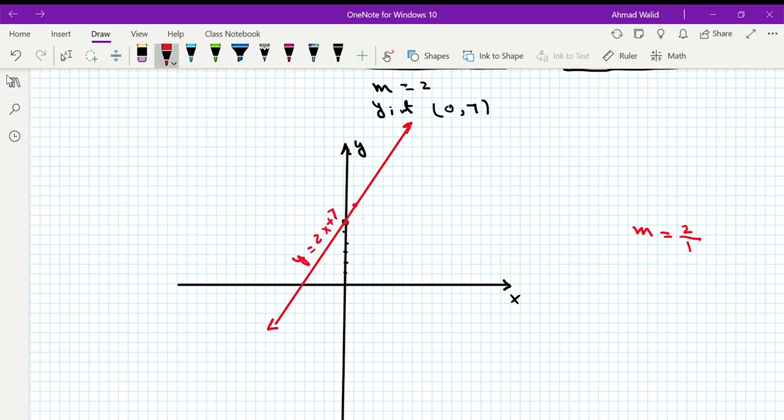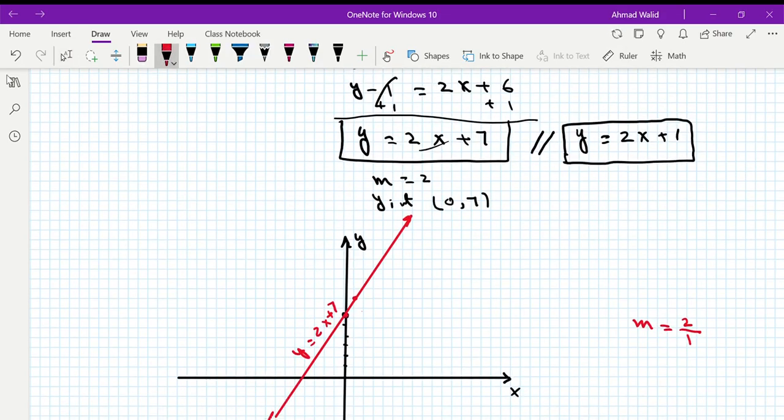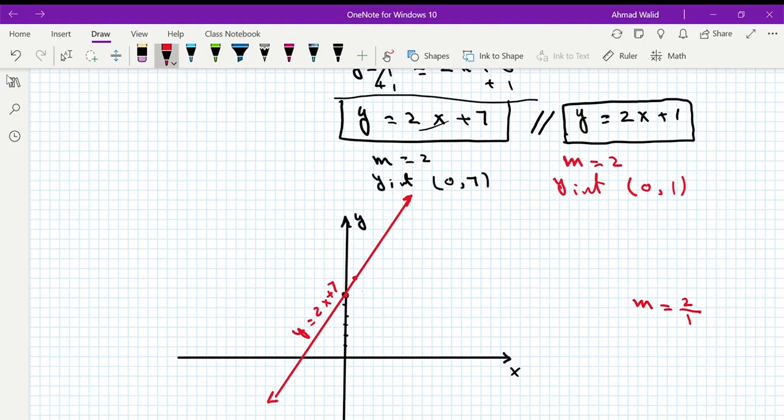Let's graph the other line. Look here. The slope is again 2. Y-intercept is 0 and 1. I will graph this one in a different color. The slope is 2. Y-intercept 0, 1 here. Let me use blue color. Slope 2. 2 up, 1 right. Here.